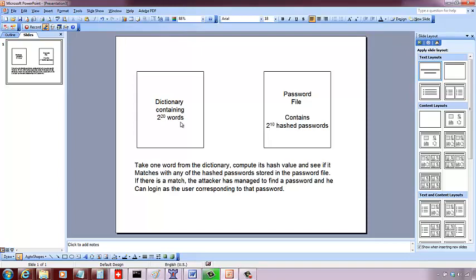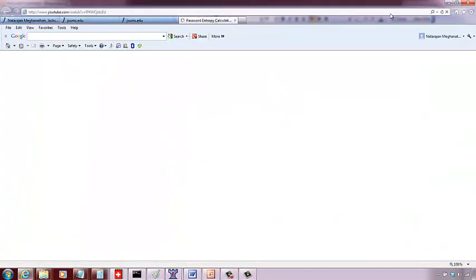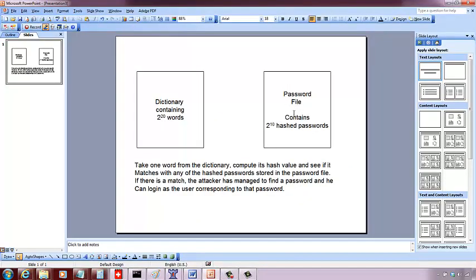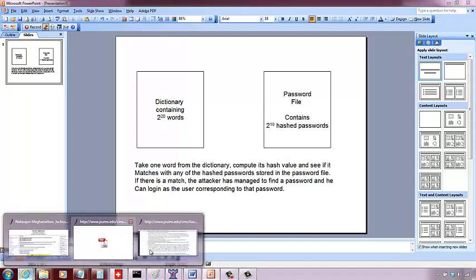So what is given to you is the probability that if I pick any password from this password file, it comes from the dictionary, and that is 1/4.